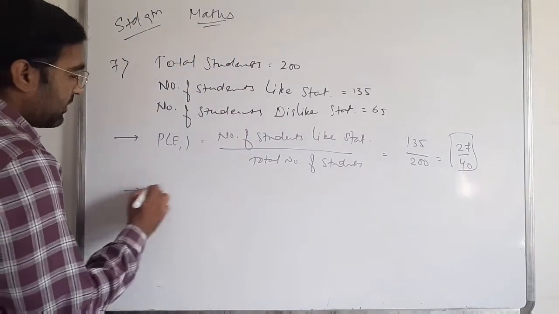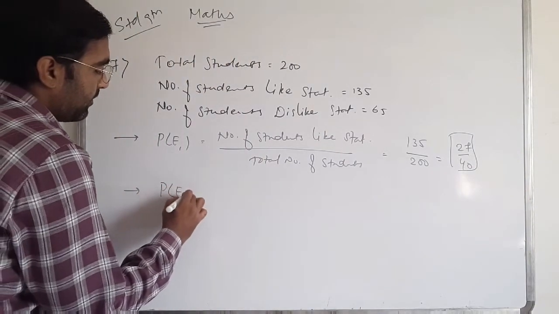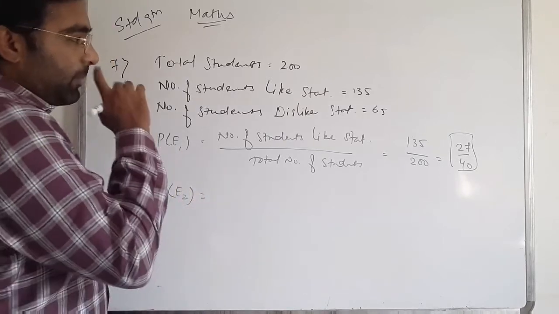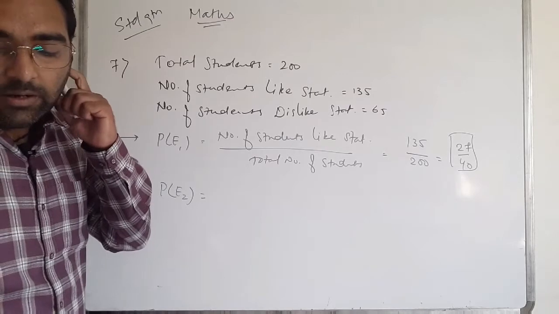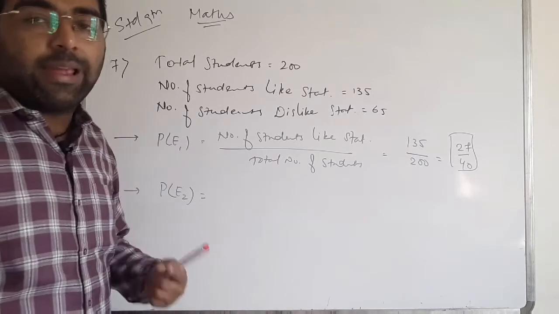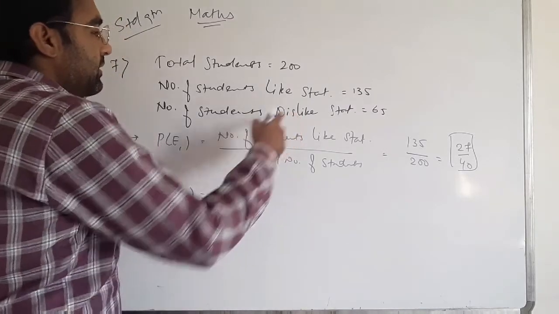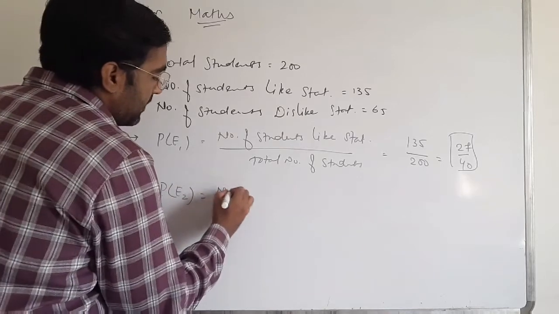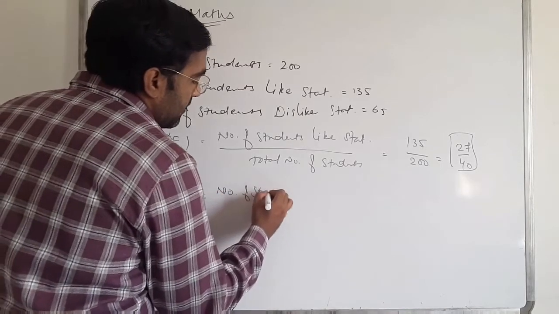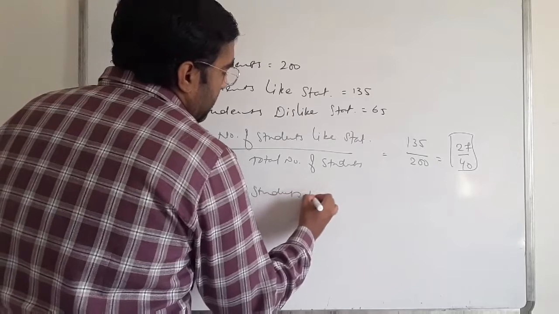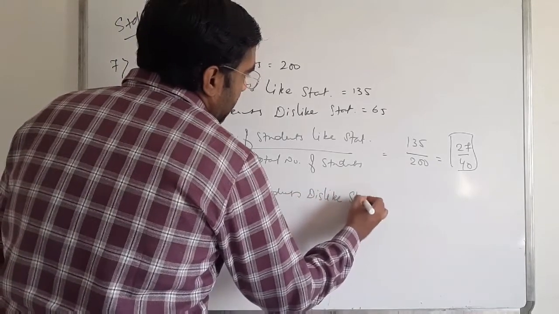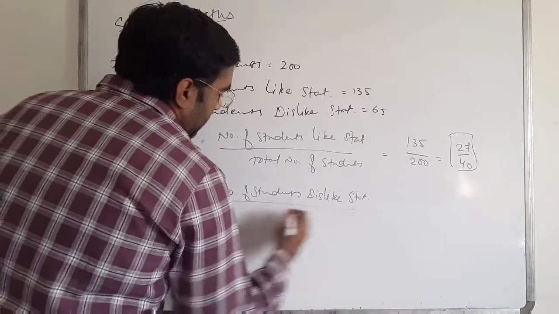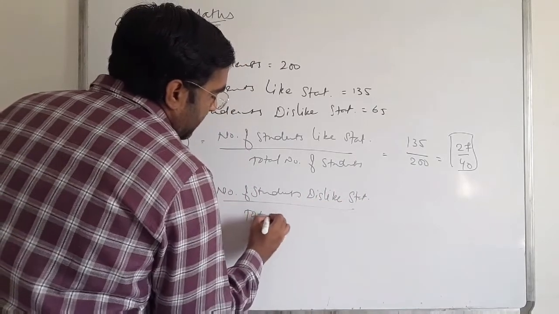Now the second one is P of E2, that is the student does not like it. Does not like means dislike. So the number of students who dislike statistics upon the total number of students.